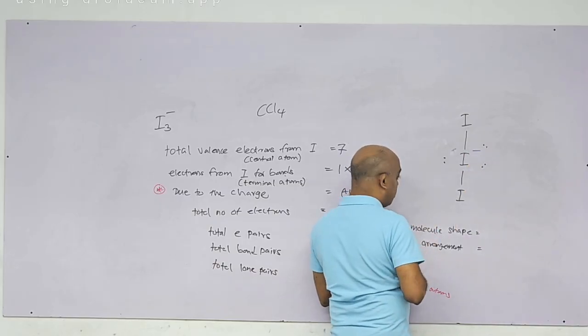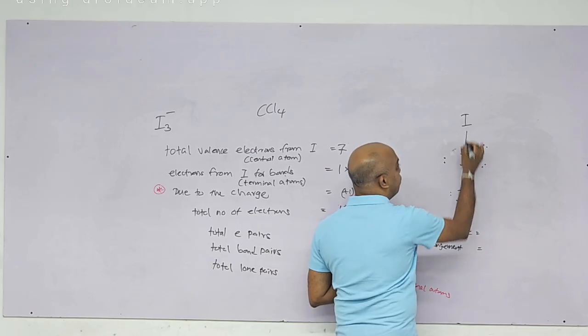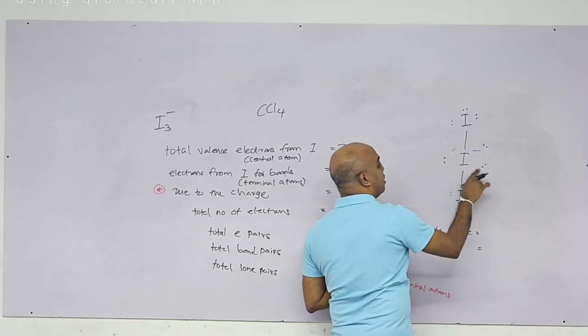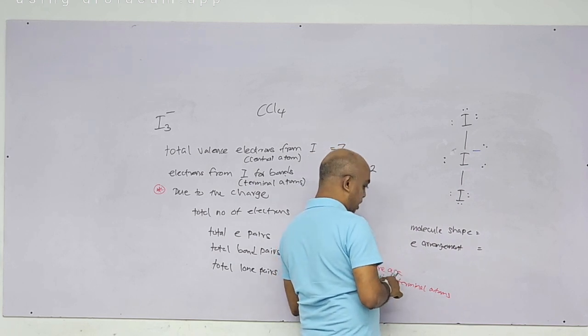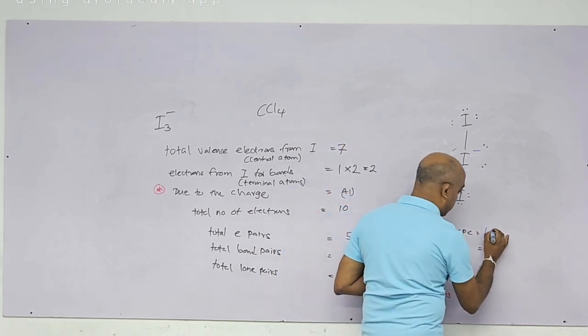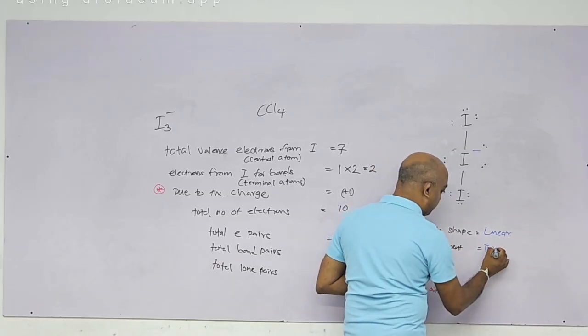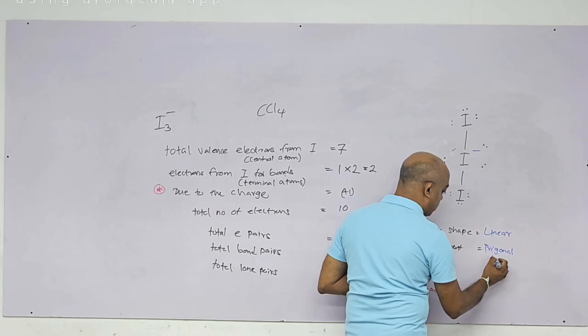Right? So this is the minus charge. And we have 3 lone pairs on each of the I atoms here. These are the lone pairs of the I atom. So this is I3 minus. Molecule shape is linear and electron arrangement is trigonal bipyramidal.